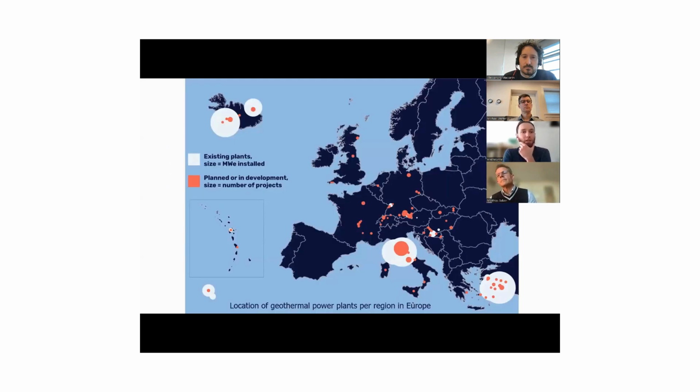Here you can see on the map, for example, the existing plants and the plants in development. So as I was explaining before, apart from the three big markets, Iceland, Italy, and Turkey, something is moving in Central Eastern Europe, especially Croatia, Germany, Hungary, but also Austria.